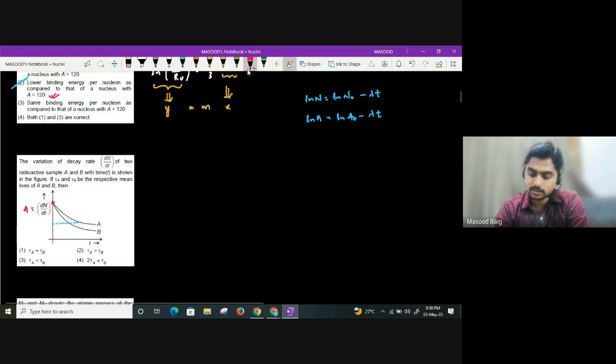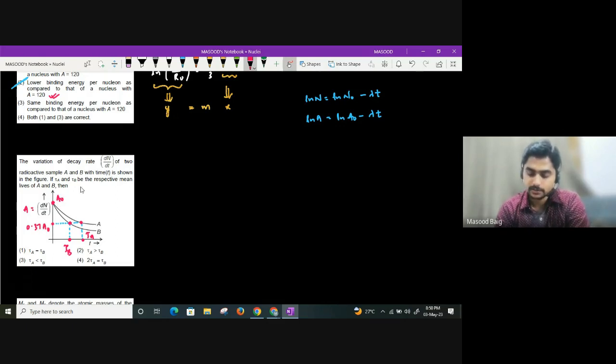So if I take a constant value here which happens to be 37% of the initial activity, right? So I can see that this line is cutting the graphs at two instants, guys. Now this will be your average life. So at this instant you will have average life of B. At this instant you will have average life of A. And what is this instant? This is 0.37 times of initial activity.